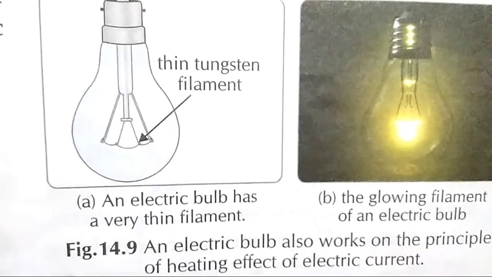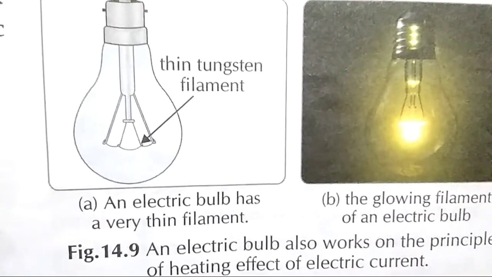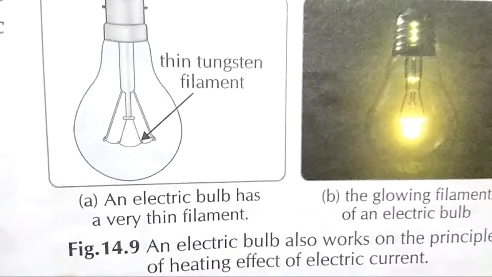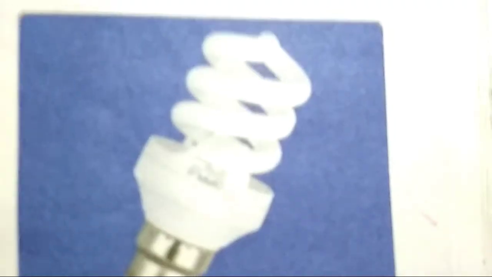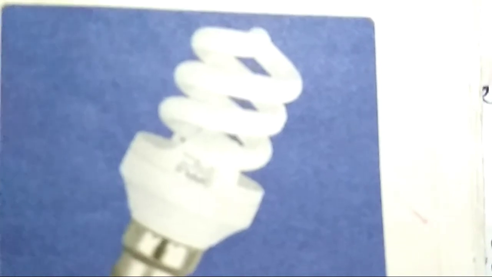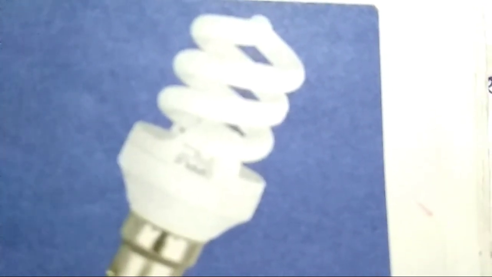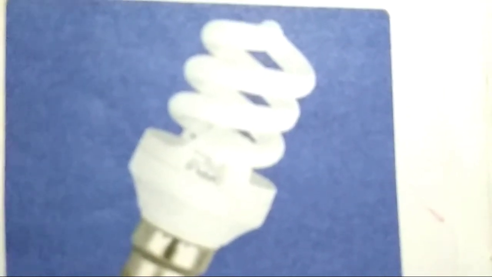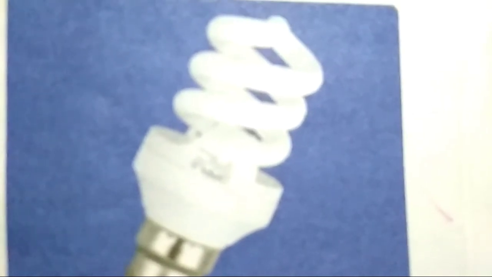We are using CFL and LEDs in place of electric bulbs. Here you can see this is a CFL. One more thing you should remember: when you are going to buy any electric appliance, you should look for the ISI mark on the appliance. It should be there.